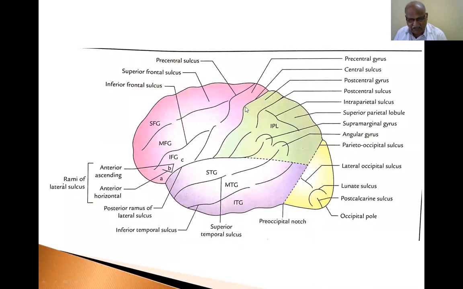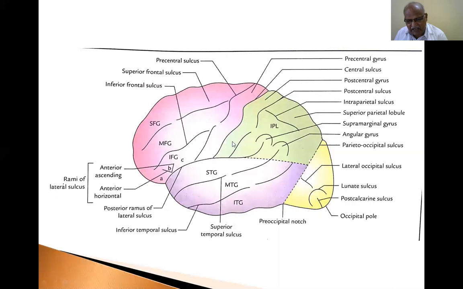For example, this is the central sulcus, this is the motor area, this is the sensory area. The cells present in the sensory area are granular dominant. The cells present in the motor area are pyramidal cell dominant, that is, large pyramidal cells of Betz are more prominent in number in the motor area, whereas the neurons are of granular type in the sensory area.